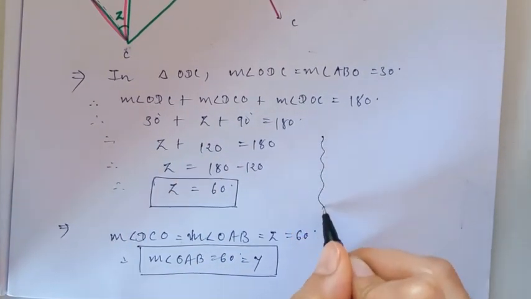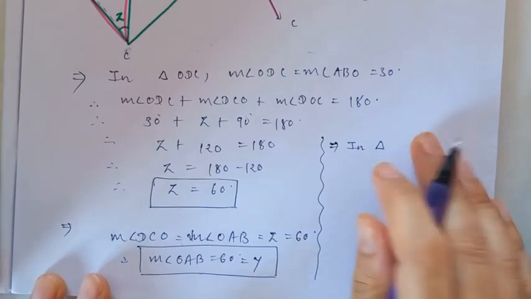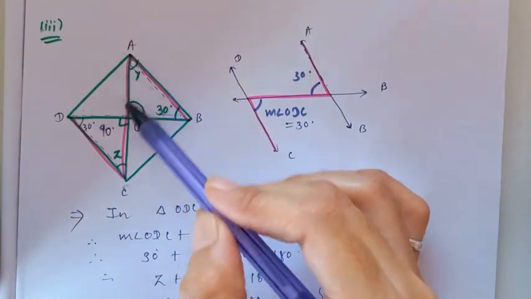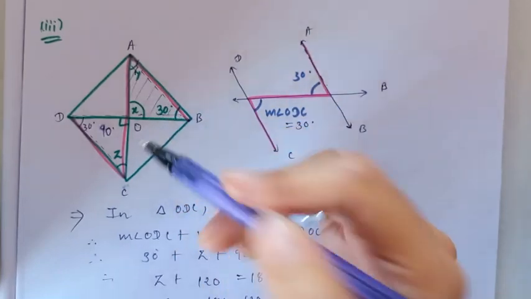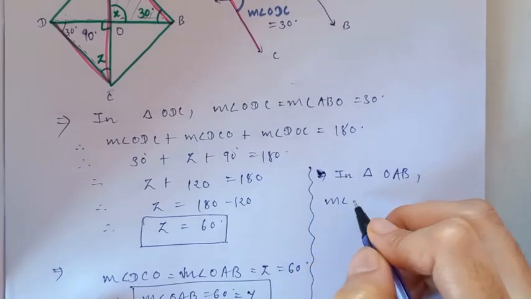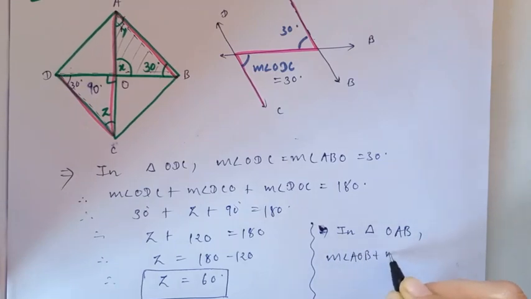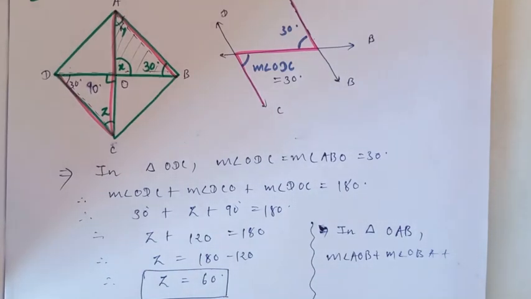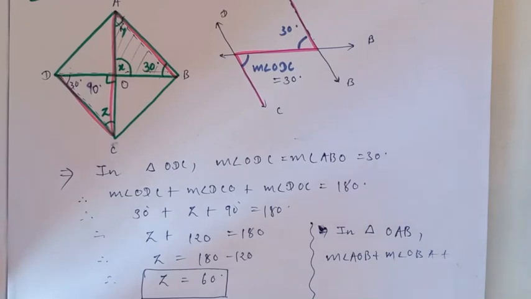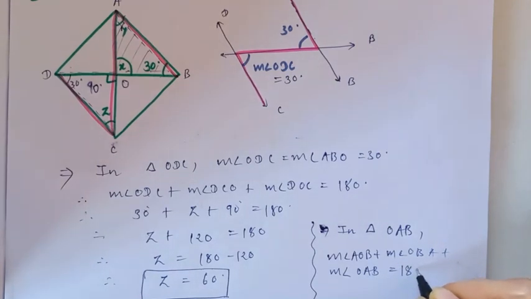So we can use the same property, that in triangle, which triangle? OAB, this one, OAB. In triangle OAB, measure of AOB plus measure of OBA plus measure of OAB is equals to 180 degree.